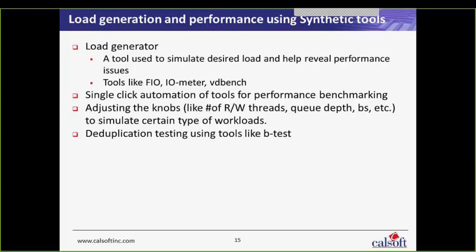You can have a configuration file somewhere. You just tweak the configuration file and run this test suite, which will do the setup for you, run the IO for a given amount of time with different threads or block sizes, whatever you have in the configuration, and get the result published for you.